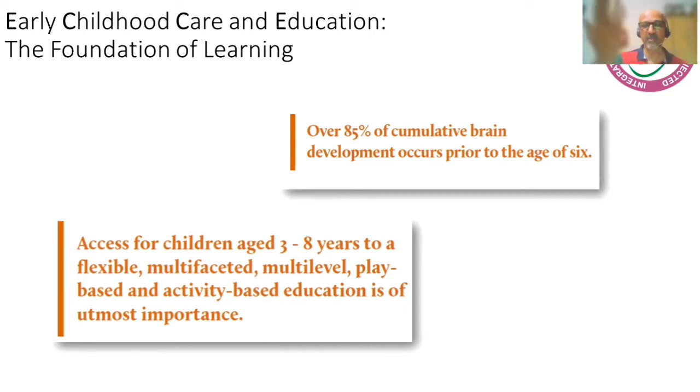Because 85% of the cumulative brain development occurs prior to the age of 6. So between the age of 2 and 6 or 2 and 7 or 2 and 8, children need to be given flexibility, a multifaceted approach; multi-level, play-based, activity-based education is of utmost importance.